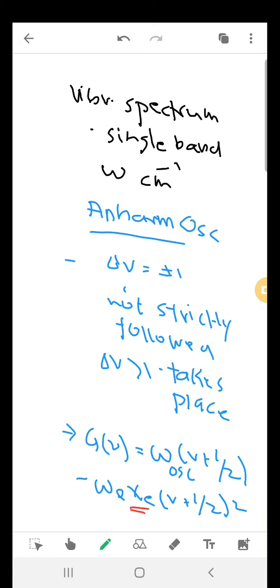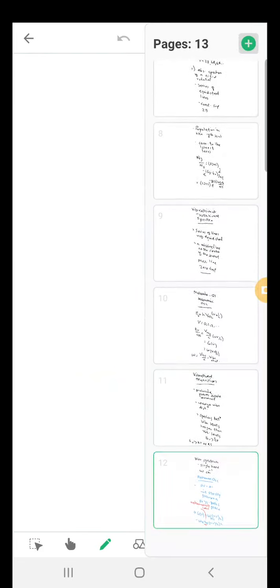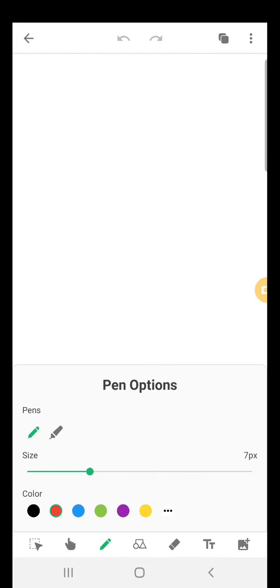This is called the anharmonicity constant, which is always smaller than omega_e and always positive.